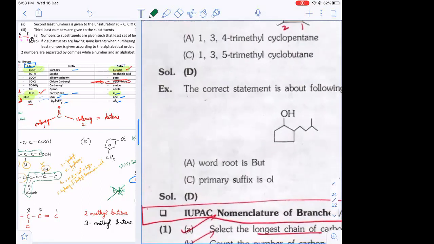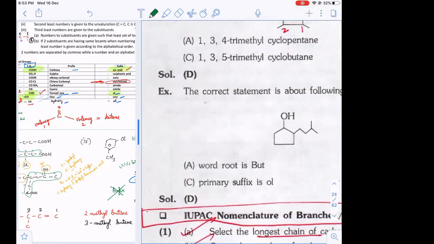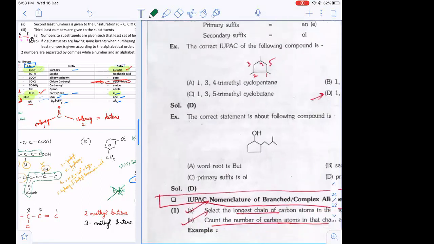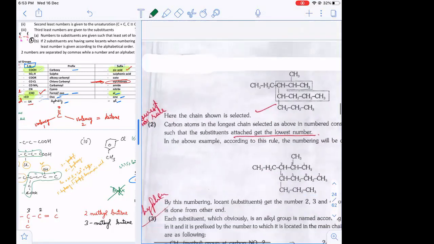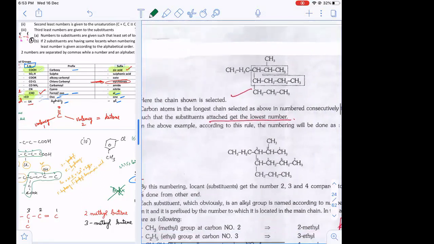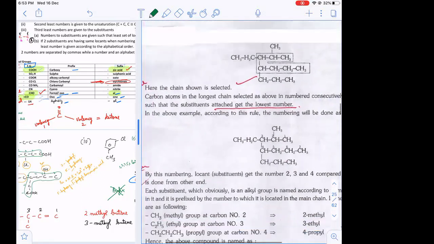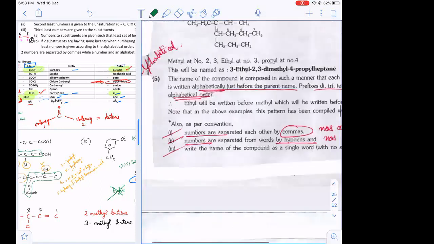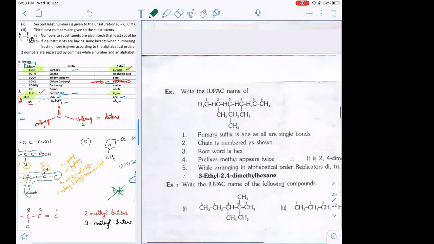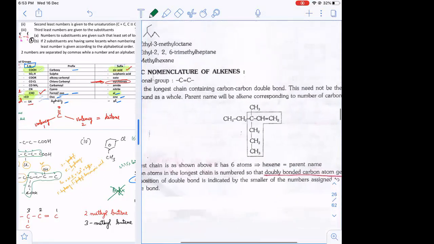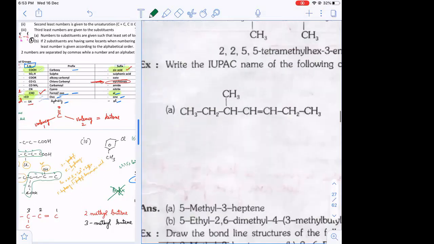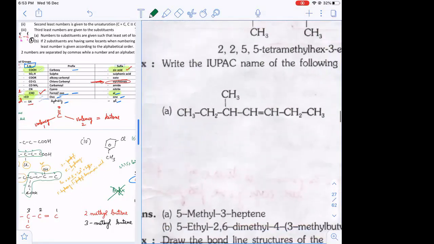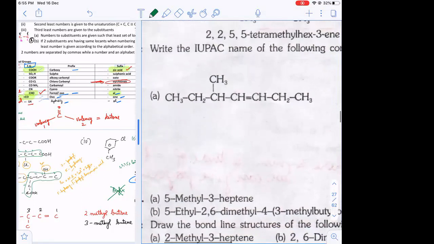Okay, so let's do one more thing. Cyclic I haven't taught you till now. Wait. Okay, do the IUPAC naming of this compound. This one.